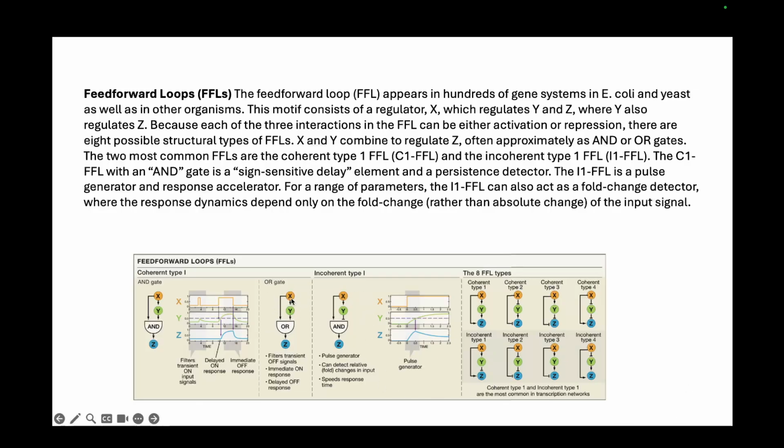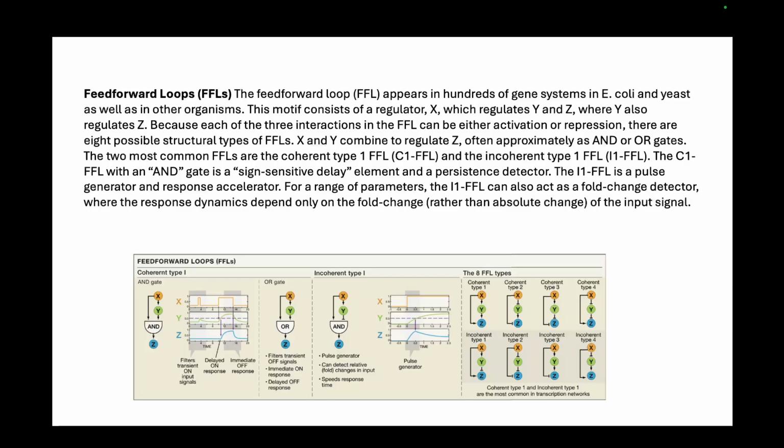So X increasing Y, or X is increased, any of these situations can increase Z. So there will be a condition associated with it: either X and Y both have to increase to increase Z, or X can increase and Y can decrease. That is an OR gate which is increasing Z. So these different types of logic can be applied, because in biological systems as well, there are certain genes or transcription factors which are not regulated by a single compound or a single protein.